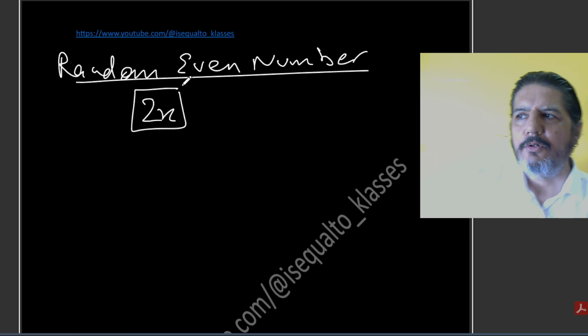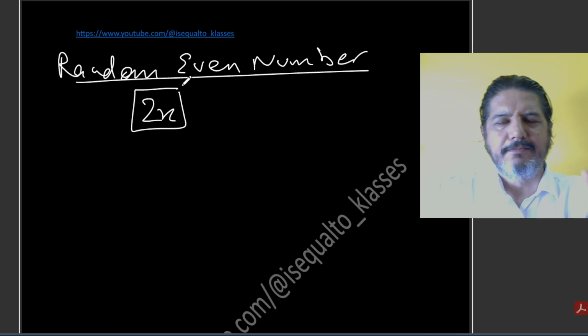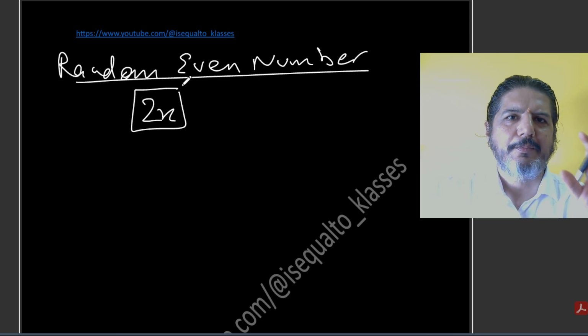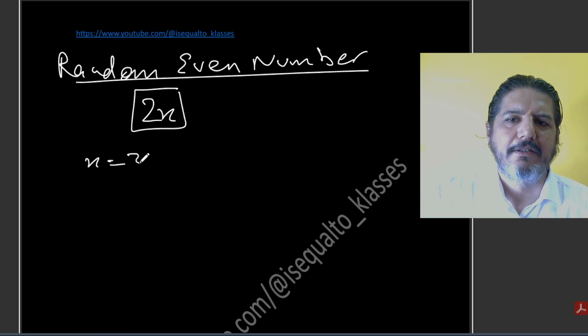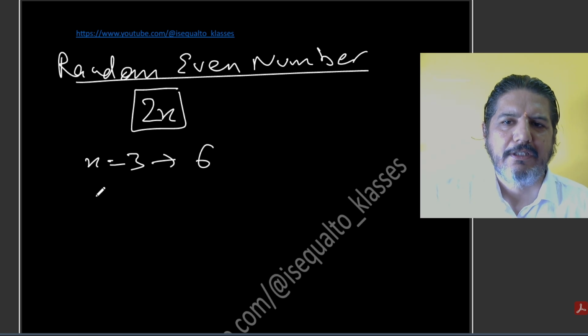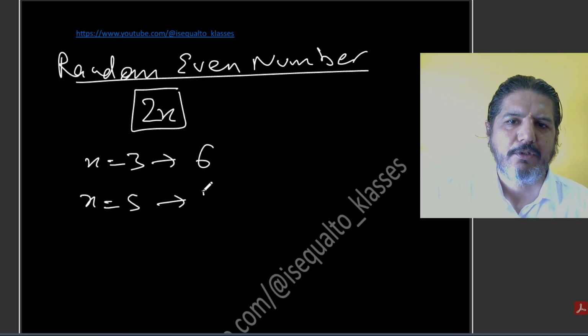Why 2x? Because you can put any value of x, and this 2 into x will become an even number. So for example, if I put x is equal to 3, then 2x is equal to 6. If I put x is equal to 5, then the number is 10.